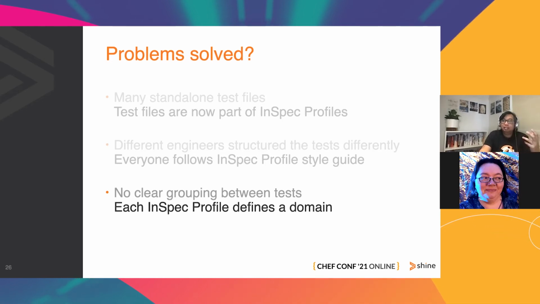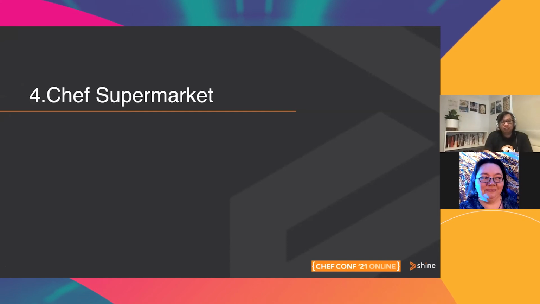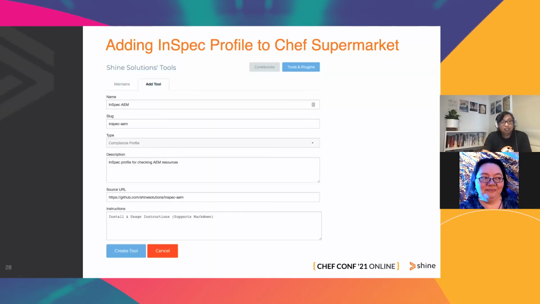So we implemented these 3 inspect profiles and open source all of them. So the next question would be, how did we distribute them? That's where we started using Chef Supermarket. I'm going to show you the simple form that we used to add inspect AEM.